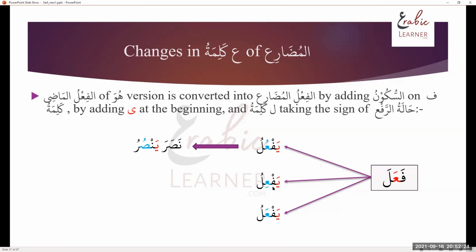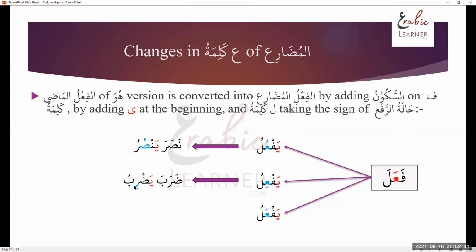What about the example of yaf'ilu? Daraba yadribu. He hit, he hits. He struck, he strikes.